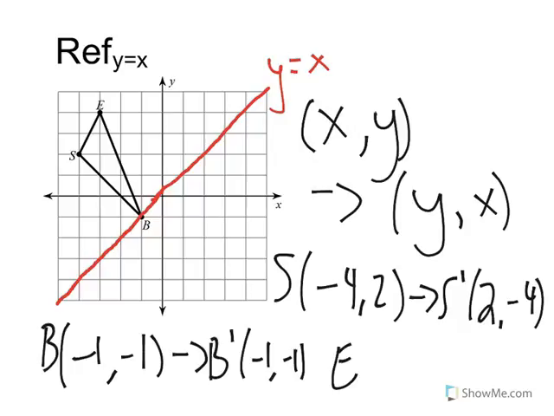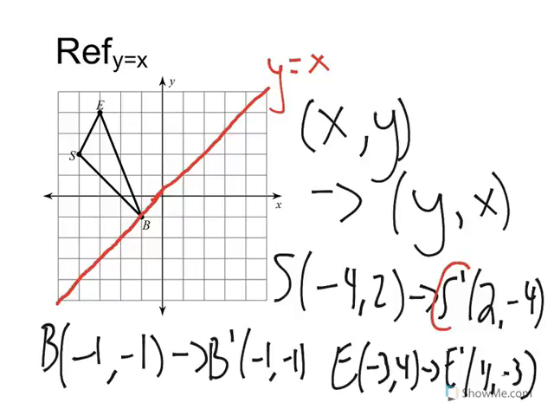And E is at negative 3, 4. So E prime will be at 4, negative 3. So now we'll plot those prime points.